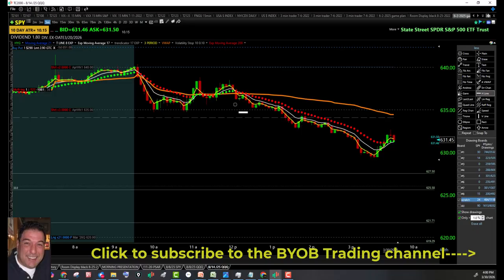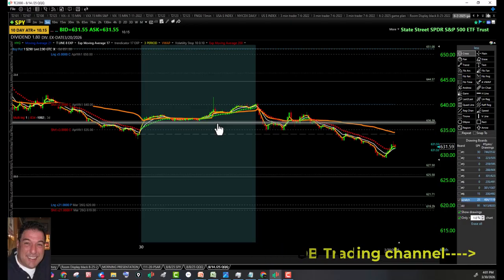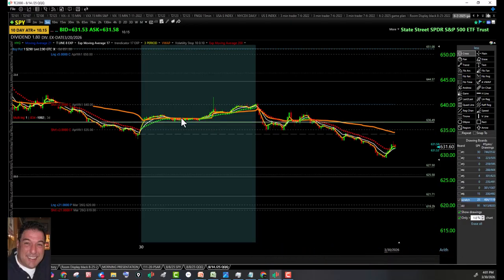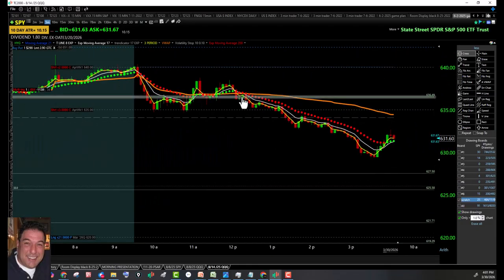You had a red erases green right there. That was the post-market from Friday, or the pre-market from today. Pre-market, post-market had a red erases green. I entered right there. Like I said, I only caught the first 3 candles.